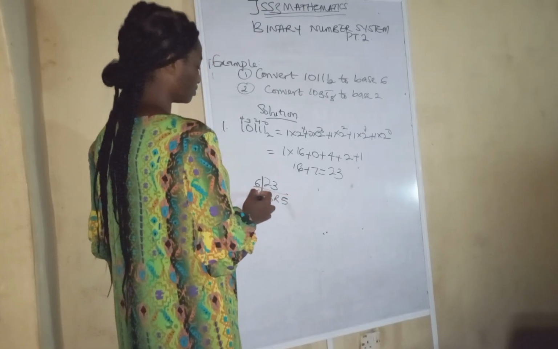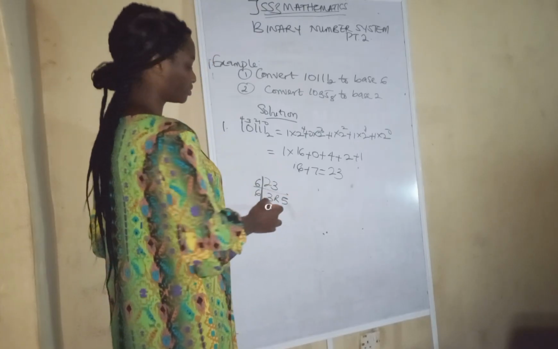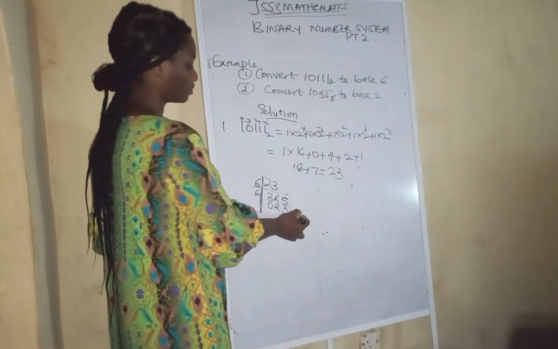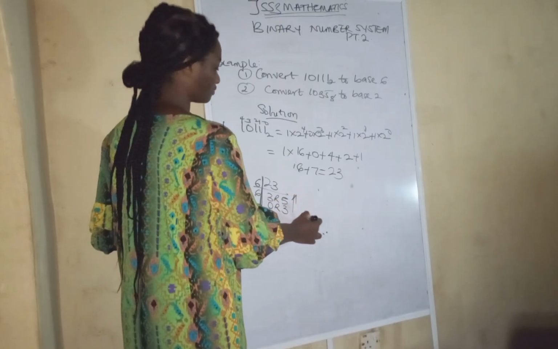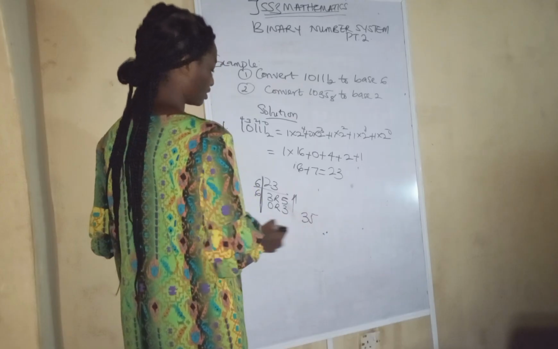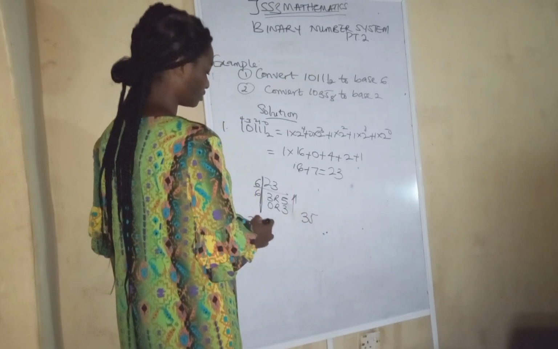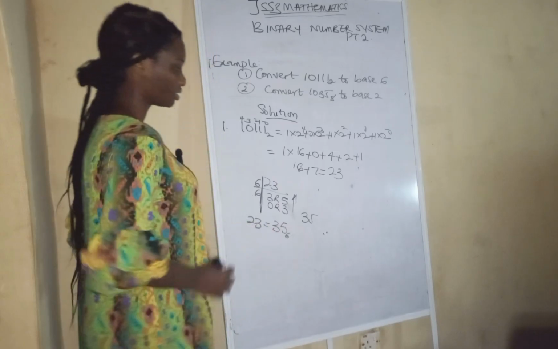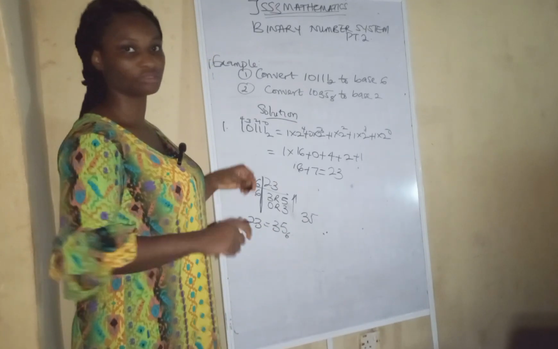Then 3 divided by 6 is impossible, so it's 0, remainder 3. Have you seen that now? So we have 35. So 23 equals 35 base 6. That's how to solve this one.